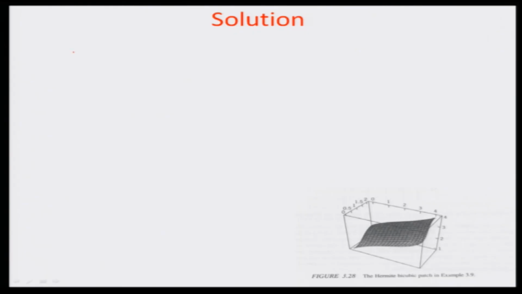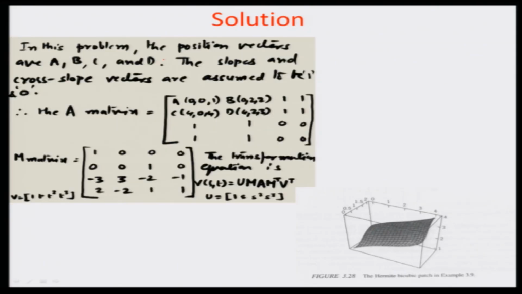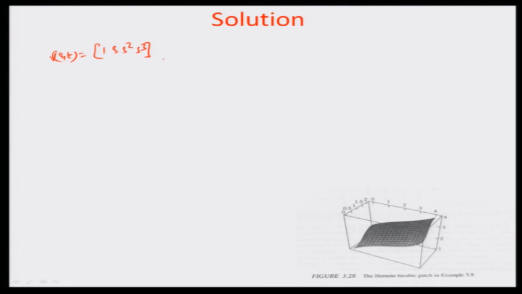So you have the formulation represented as the matrix U, which is 1, s, s square, s cube, times the basis matrix, which has already been calculated as 1 0 0 0, 0 0 1 0, minus 3 3 minus 2 minus 1, 2 minus 2 1 1, times the A matrix, which is now assumed to be in 3 different forms.